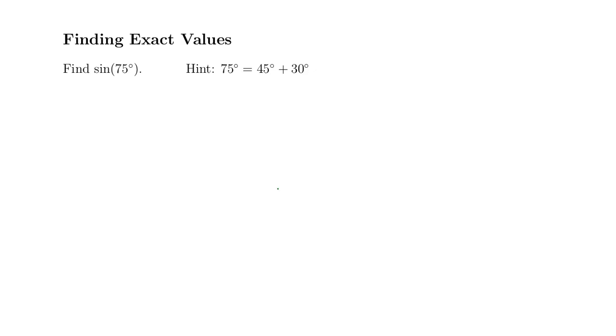All right, so how can we use these? Well, first we can use them to find some exact values like we talked about. So here we go. Sine of 75 degrees, and I've already given you this hint. Hey, 75 degrees is 45 degrees plus 30 degrees. So let's rewrite this as sine of 45 degrees plus 30 degrees.